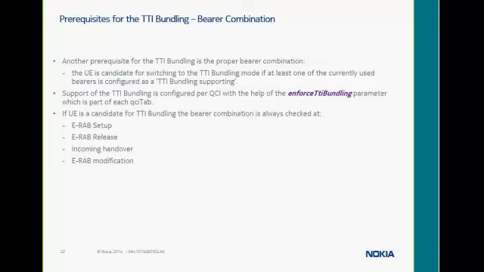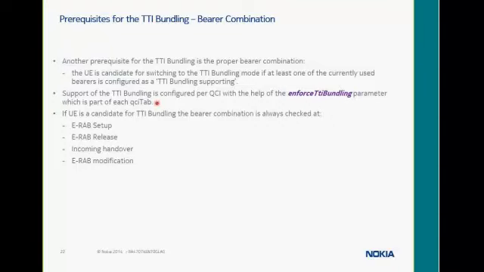We have to have the right bearer situation. In this case, we have to make sure that at least one bearer is configured for TTI bundling support. In our case, that would be a QCI 1 bearer, which has enforced TTI bundling as a parameter.